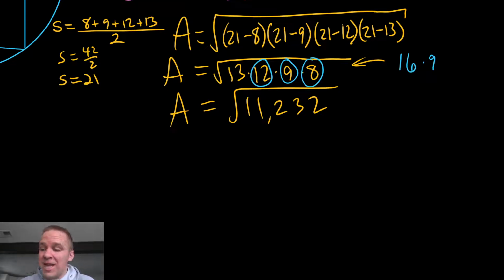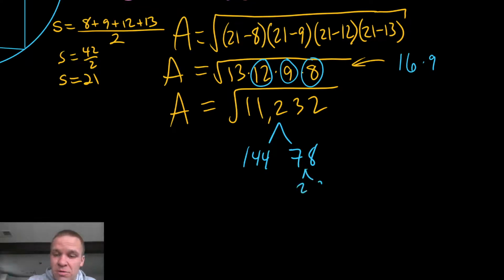So I could take that 11,232 and divide it by 144. That's going to give me 78. And the only way that 78 is going to be broken down is by a 13, a 3, and a 2. You can try that, but you're going to hit a dead end with the factor tree on that 78. I'll even do it. We'll divide that by 2 and I'm going to get 39.